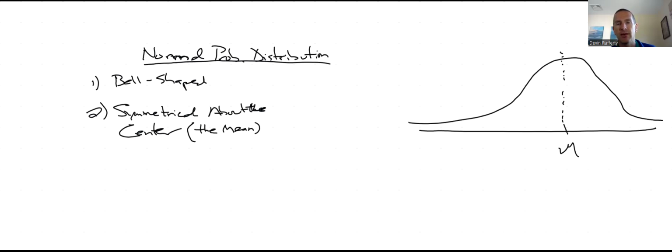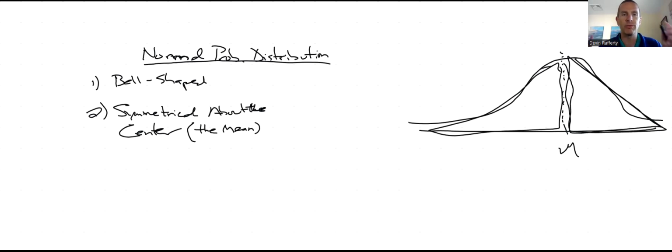So this area is supposed to be the same as this area. What does symmetrical mean? Take a piece of paper and fold it in half. This side is equal to this side. It's supposed to be a perfect copy, a perfect reflection.